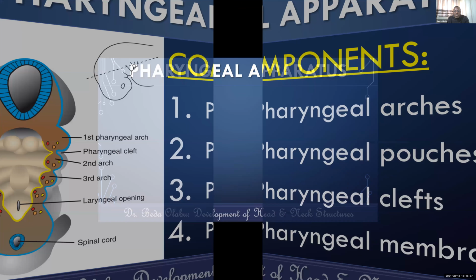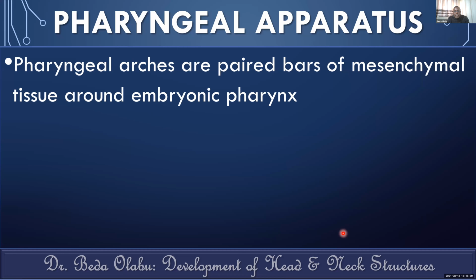During embryonic development, mesenchyme grows around the primitive pharynx of the embryo. And the mesenchymal growth around the primitive pharynx of the embryo exists in form of paired bars.